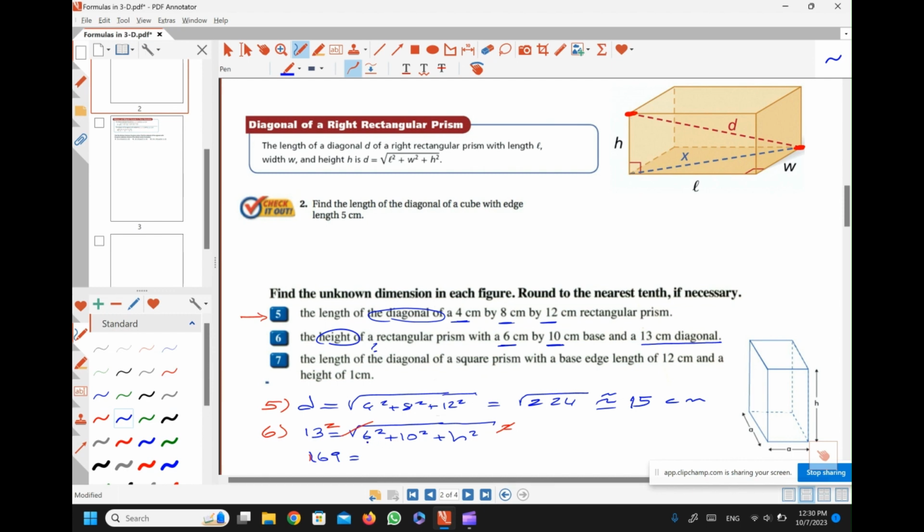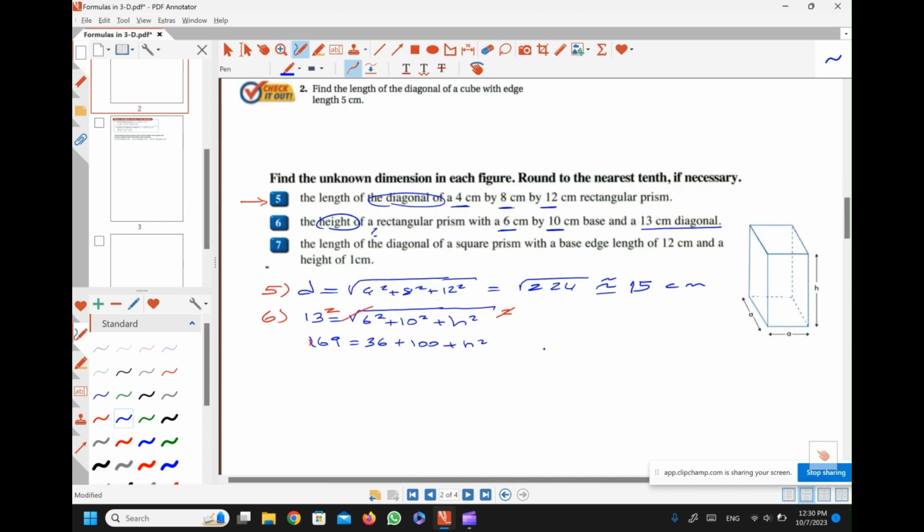On the right, you'll have 6 squared, which is 36, plus 10 squared, which is 100, plus h squared. 100 plus 36 is 136, and you bring 136 to the other side. 169 minus 136 makes 33. 33 is h squared.